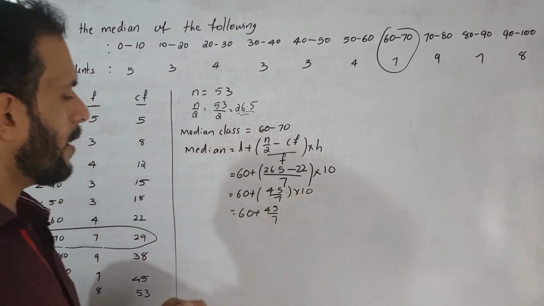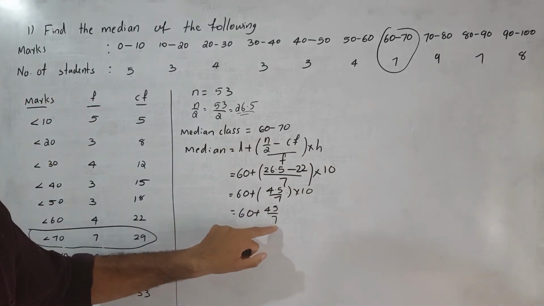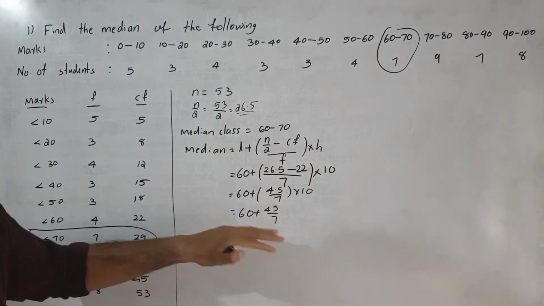We have two ideas: cross multiply by 7, add, then divide by 7.